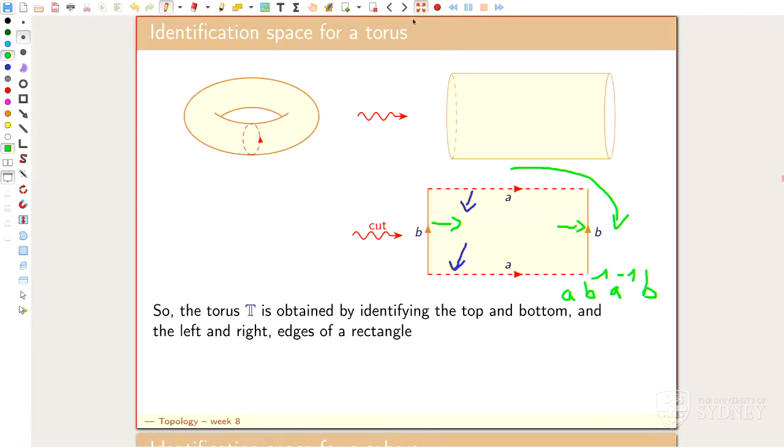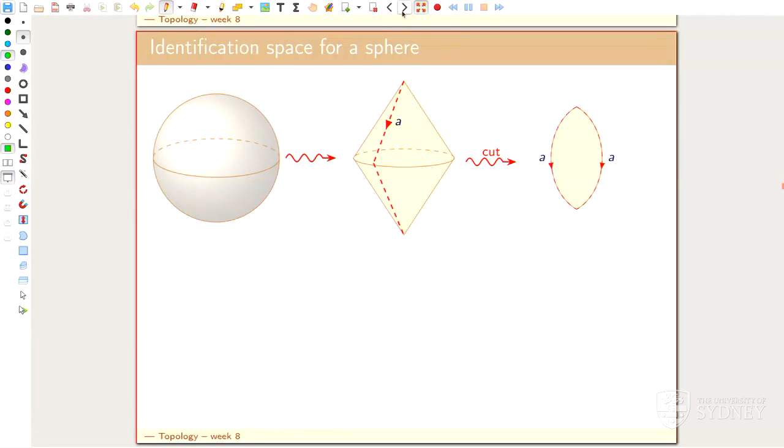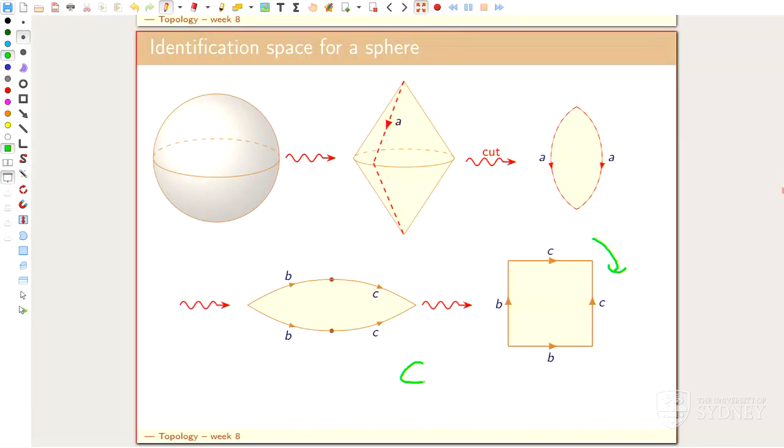And for the sphere, it is different. I call it C here, I could have called it A. If you read like this, it's C inverse, B inverse, B. So instead of having an AB mixed, you have just CCs and BBs in a row. So you can almost see that they are different spaces.